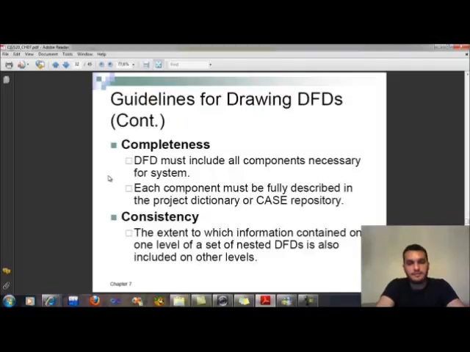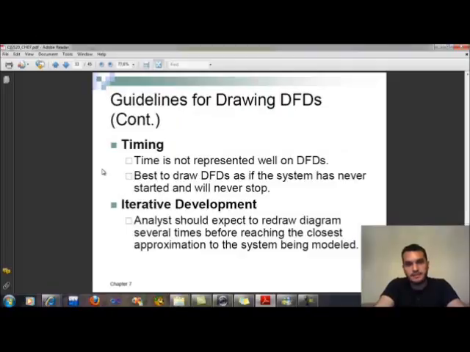And consistency is the extent to which information contained on one level of a set of nested DFDs is also included on other levels. And time is not represented well on DFDs, so it is best to draw DFDs as if the system has never started and will never stop.